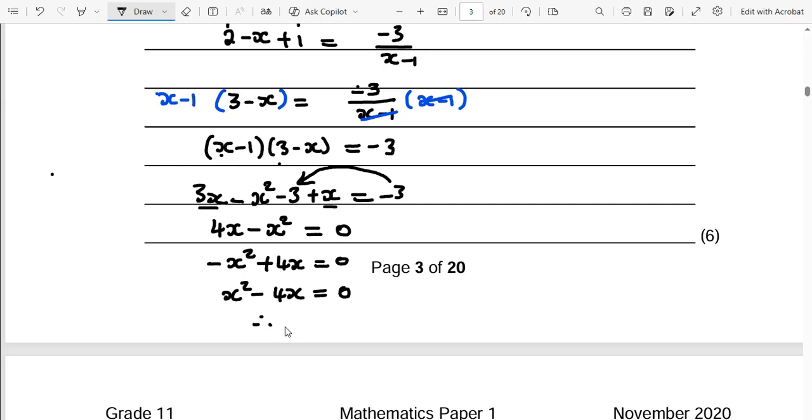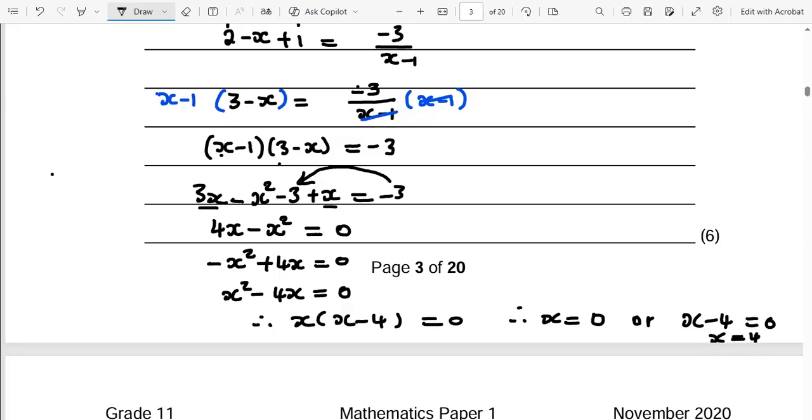Then you can just take out the common factor. This is what you have. Equate this to 0. Then what's your x? The zero product property. When we started this lesson, we talked about the zero product property. So x is 0, or x minus 4 is 0, which gives us x to be 4.